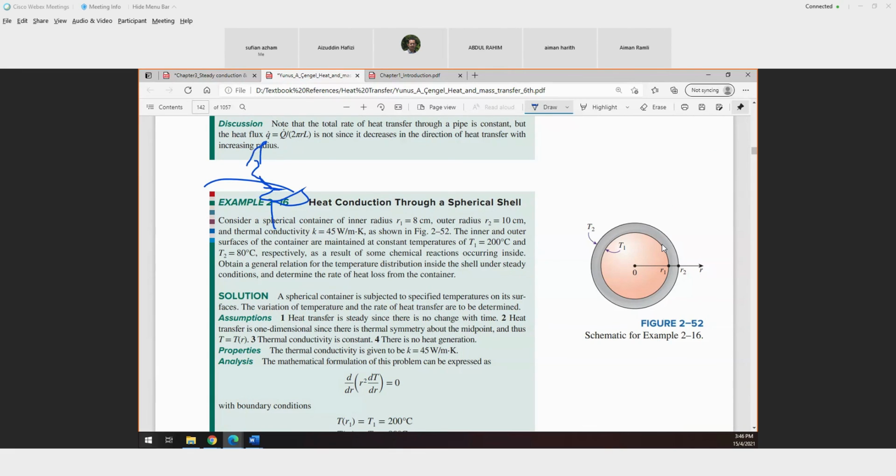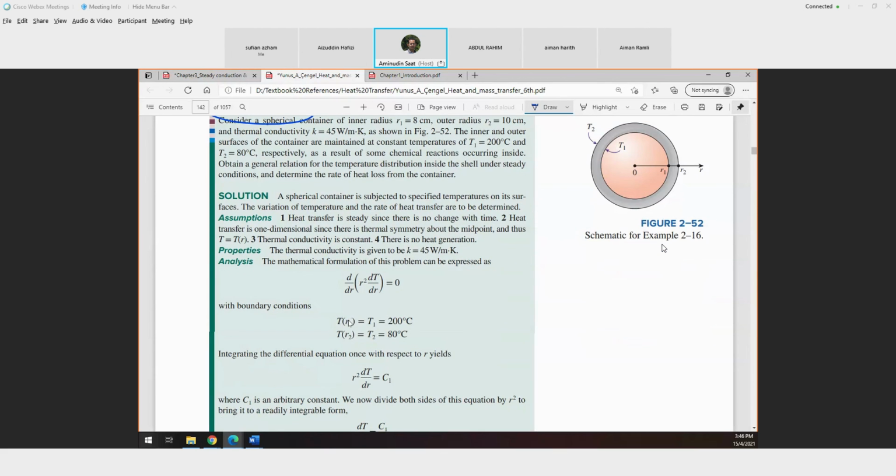Okay, this is for the spherical coordinate. You can see the mathematical formulation is slightly different.